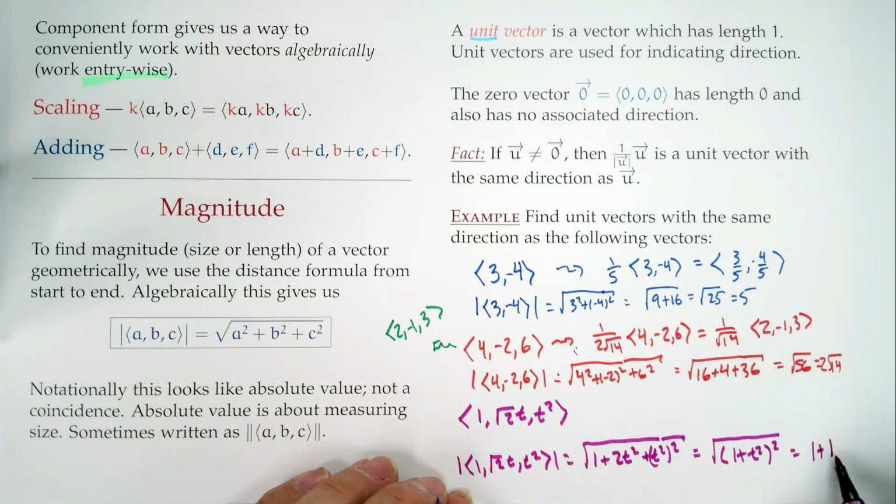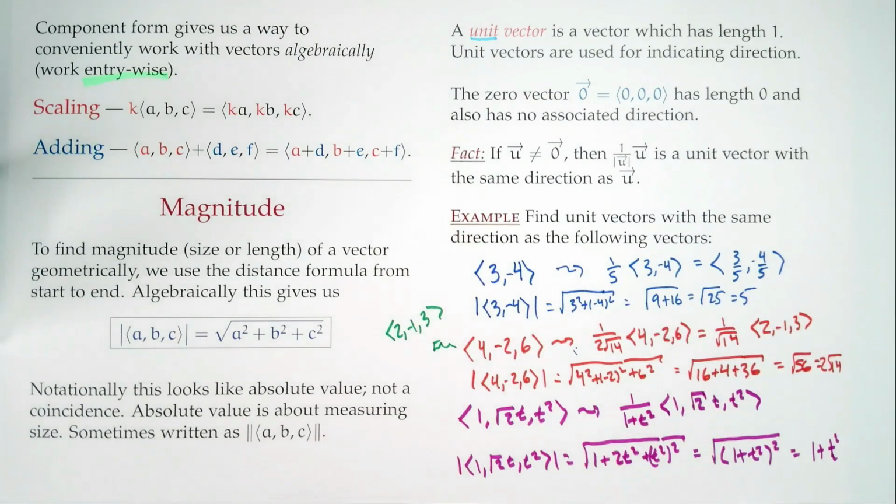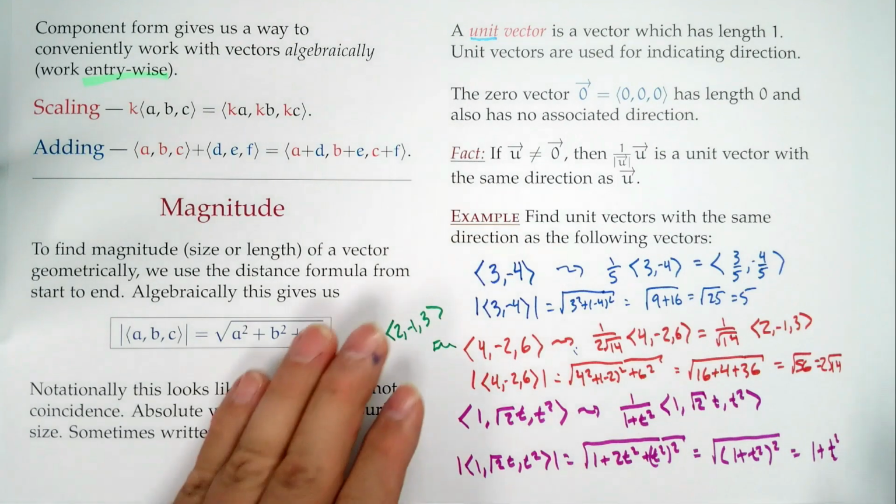So ultimately you get 1 plus t squared. That's the length. So the unit vector that points in that direction is 1 over 1 plus t squared times 1, square root of 2t, and t squared. And again, if we wanted to, we can multiply that through. All right. So finding unit vectors, no problems. Good.